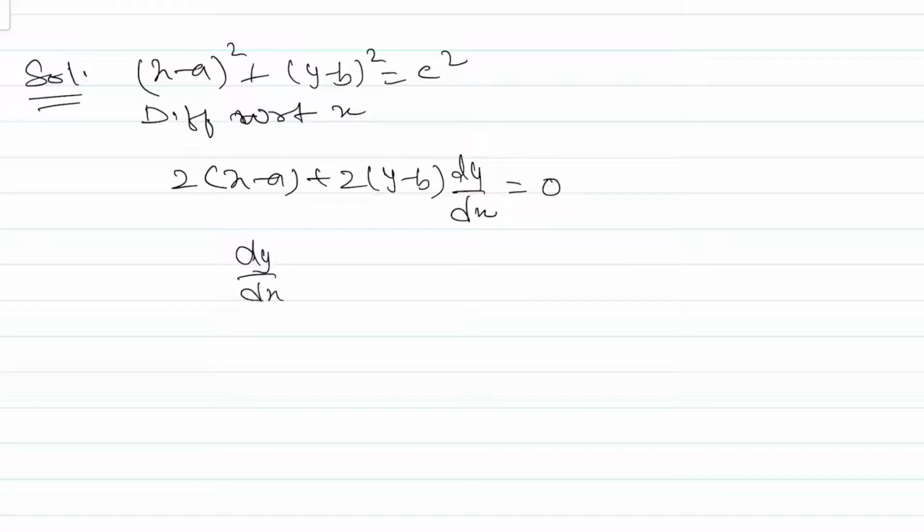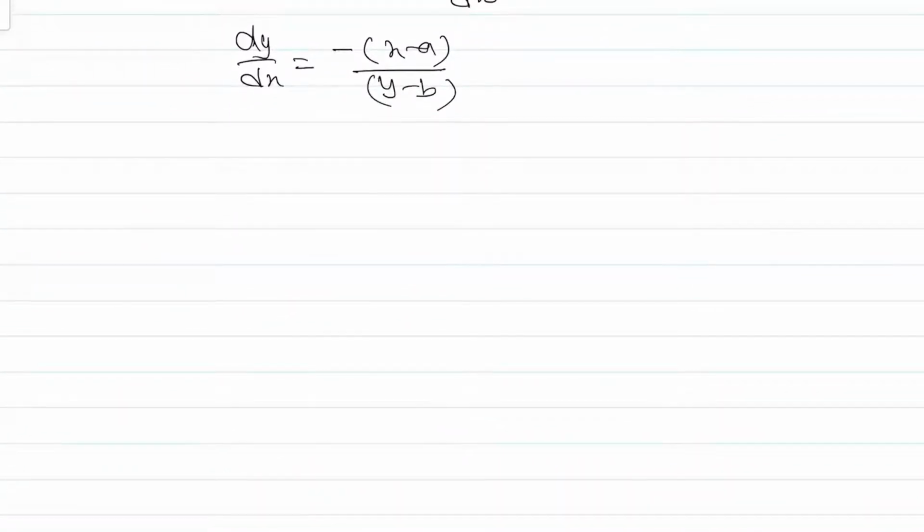Simplifying, we'll get dy/dx = −(x − a)/(y − b). The 2 will cancel the 2.